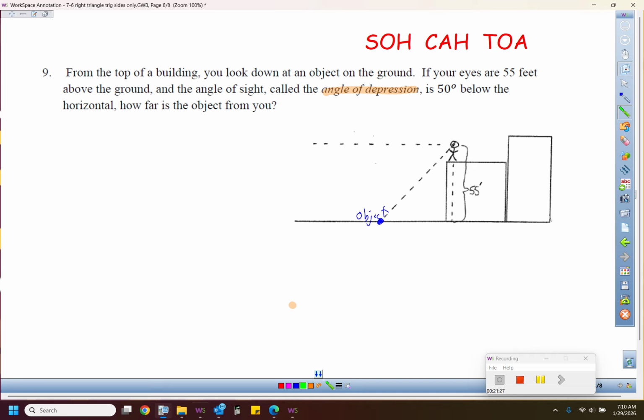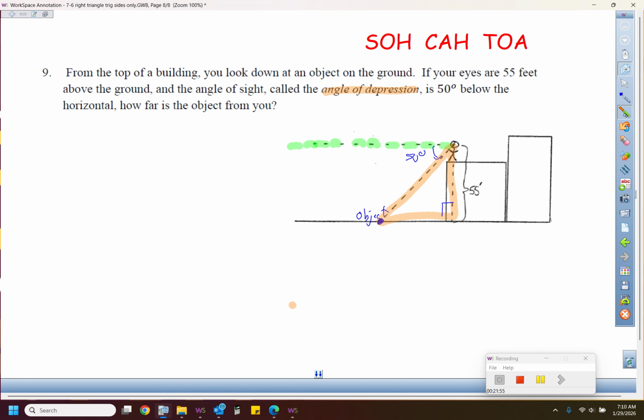So this is the hard part for people to understand. If you're standing on top of that building, you see how you're normally looking straight ahead? For you to see that object, you have to look down 50 degrees from that line right there. So that 50 degrees goes from the line of sight down, which is weird because it is not inside this triangle that we are using, which of course is a right triangle.